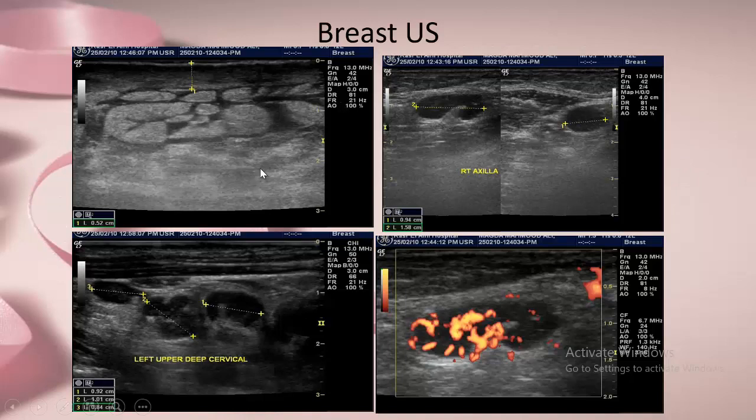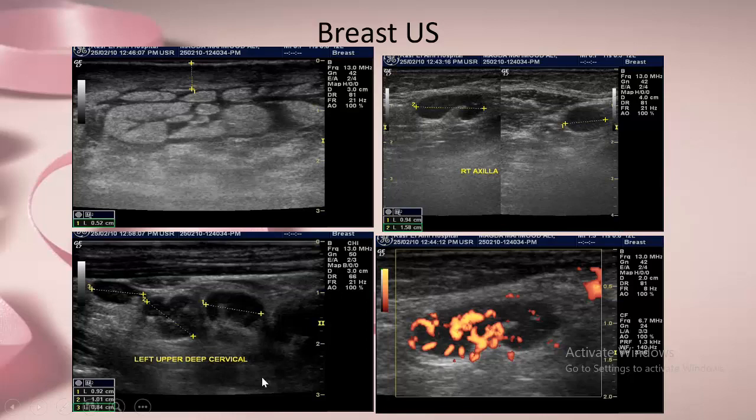Here is the case. She has breast edema, with skin thickening. There are pathologically appearing lymph nodes, and this is very, very important: in autoimmune disorders sometimes you find pathological lymph nodes.